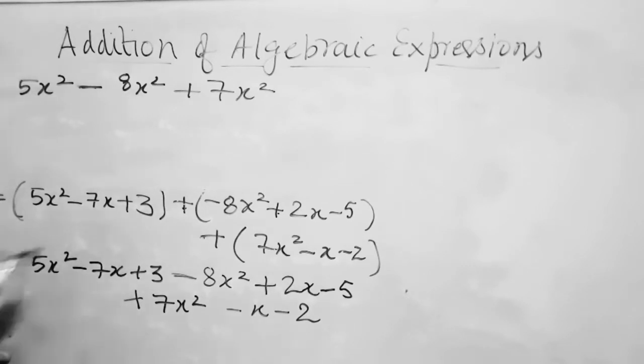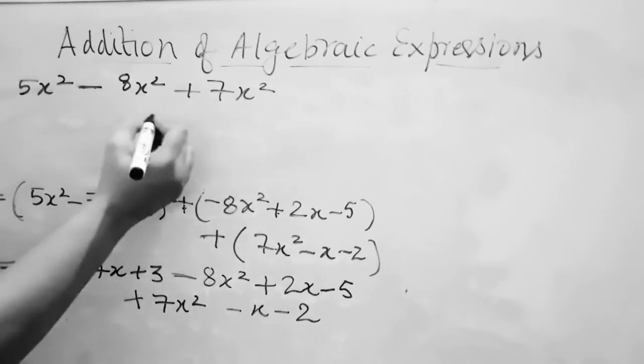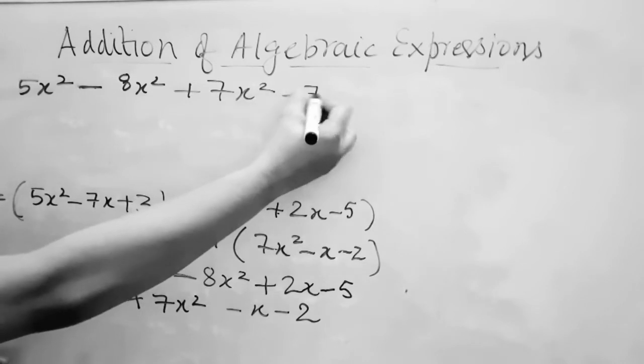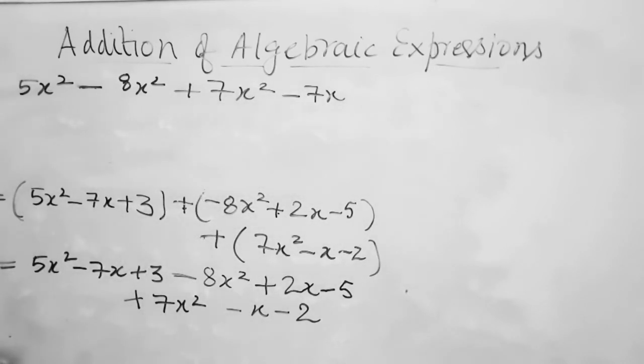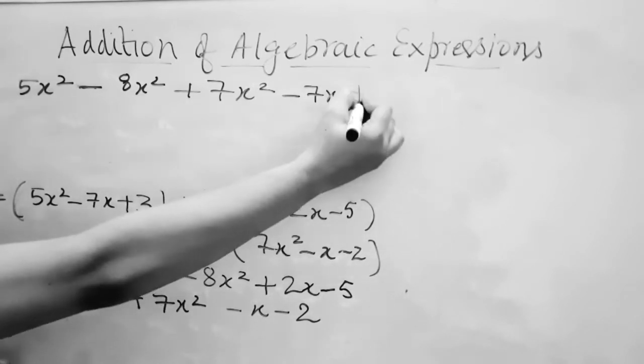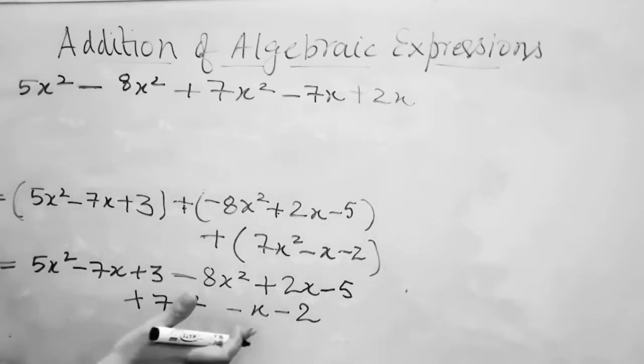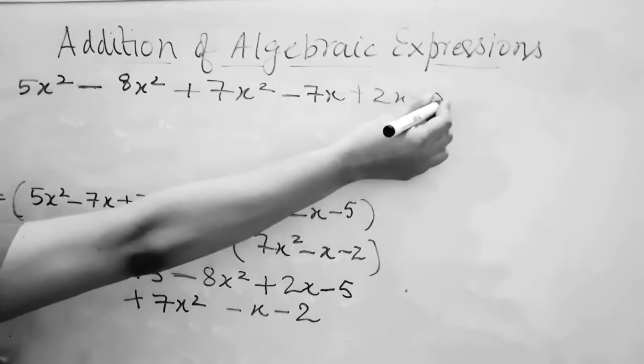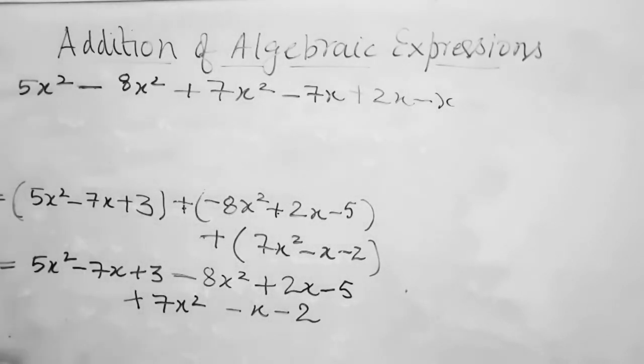Now the next step, minus 7x. Other terms having the same literal factors: minus 7x, then plus 2x, and then minus x. All the x terms together.